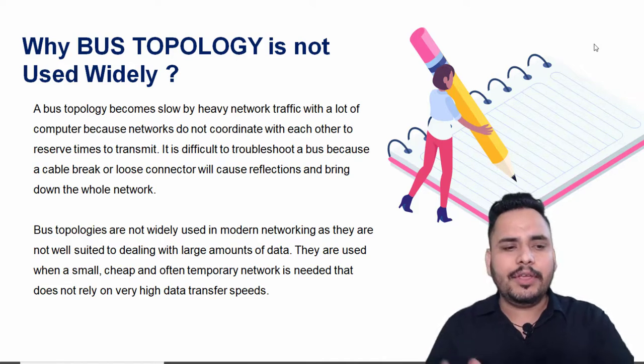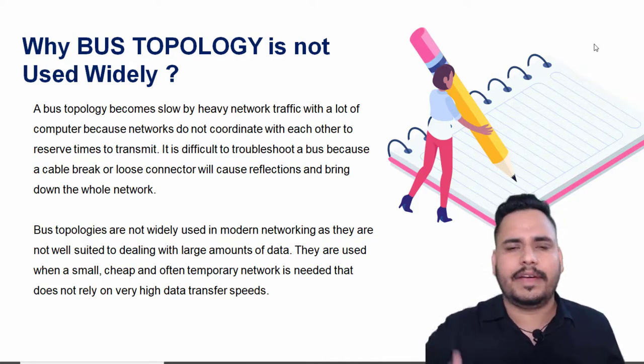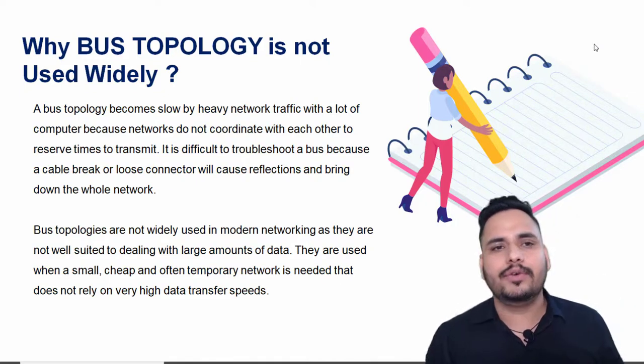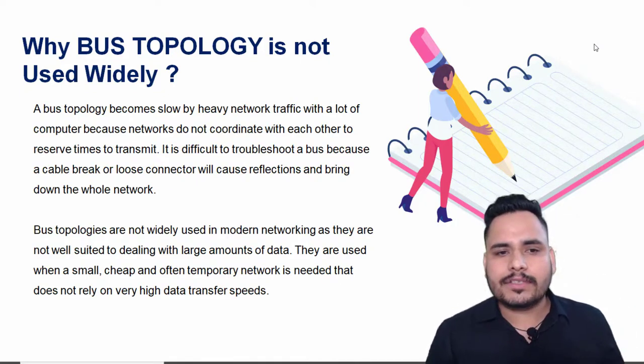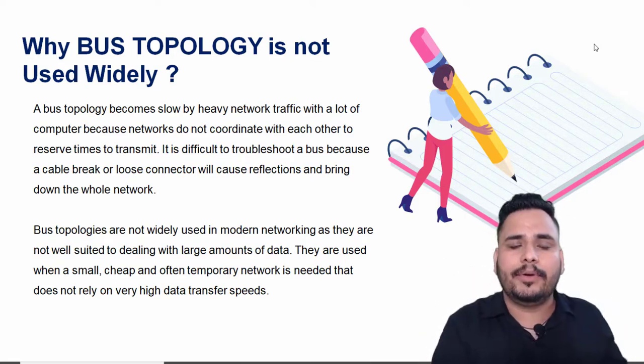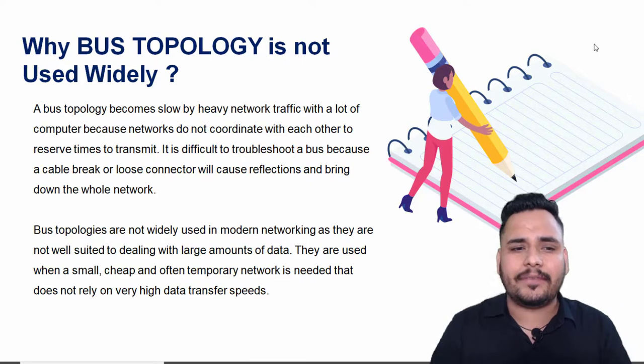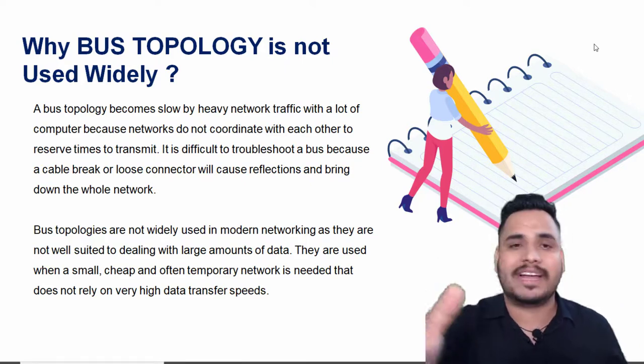It is used when a small, cheap and temporary network is needed, then we can use bus topology. Also, if my network has large computers, then there will be heavy network traffic, and with heavy traffic, the devices on a bus topology do not coordinate with each other to reserve time to transmit.